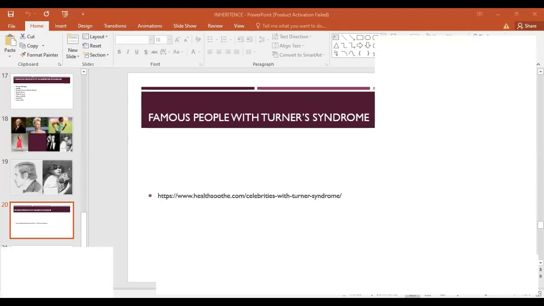Following are some celebrities with Turner syndrome. Dr. Catherine Ward Melbourne and the American gymnast Missy Marlowe. Here, the Hollywood actress Linda Hunt. You can see they are very short and they seem to be mentally retarded.